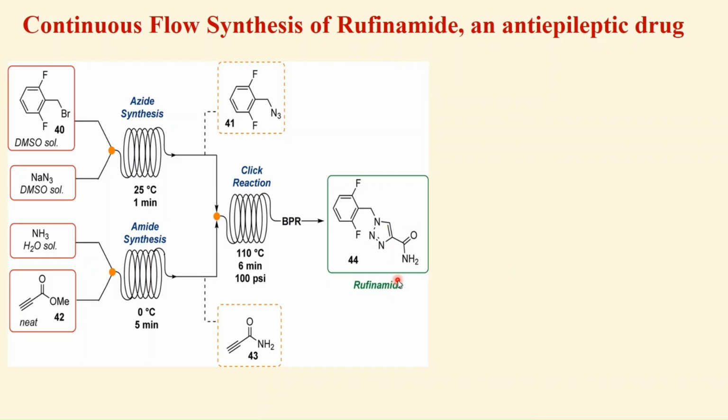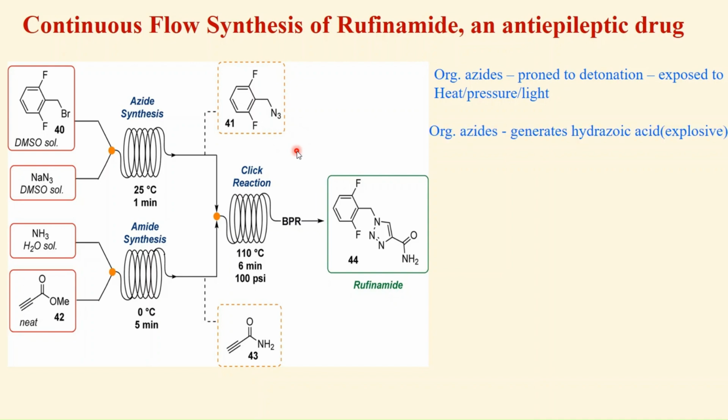However, it has its own limitations, as the azides which are used are prone to detonation. On very slight exposure to heat, pressure or light, they explode violently. Further, these organic azides, during the process of reaction, generate hydrazoic acid, which is also explosive.